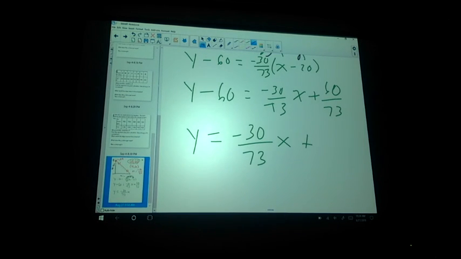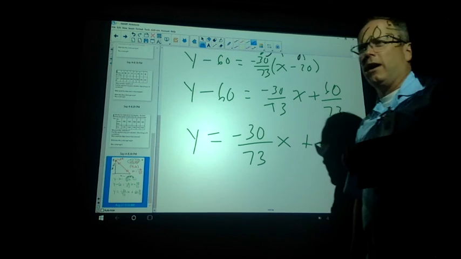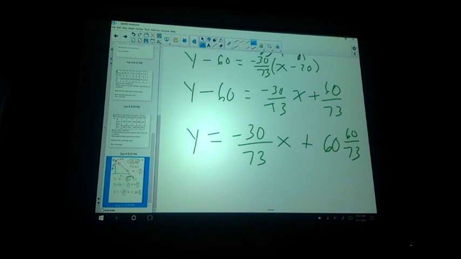All right. That's basically what it is. 60 and 60/73. If I do it right, I don't know. Is this off from what the book has? Yeah. Did the book choose two points that I didn't pick? Yes. Is that okay? It is. I'm trying to make it okay.